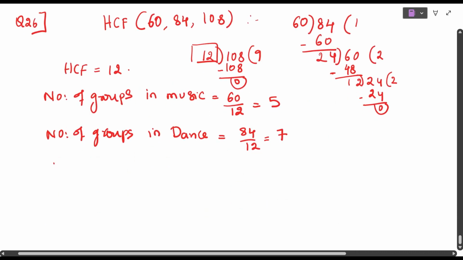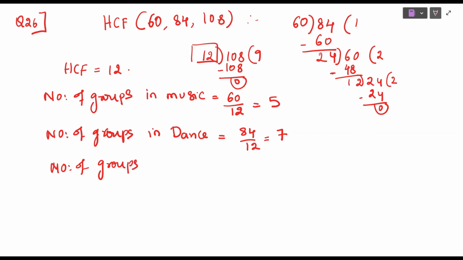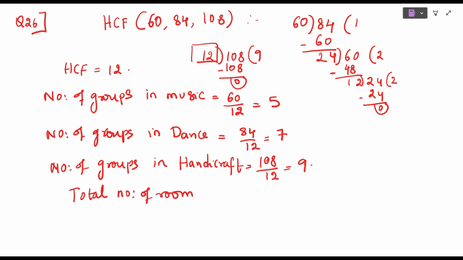Next, number of groups. So steps are very much important here. Next given is handicraft. This is equal to 108 by 12. How much? 9. Now the total number of groups also we have to find, isn't it? So the total number of groups is equal to 5 plus 7 plus 9. How much? 21.